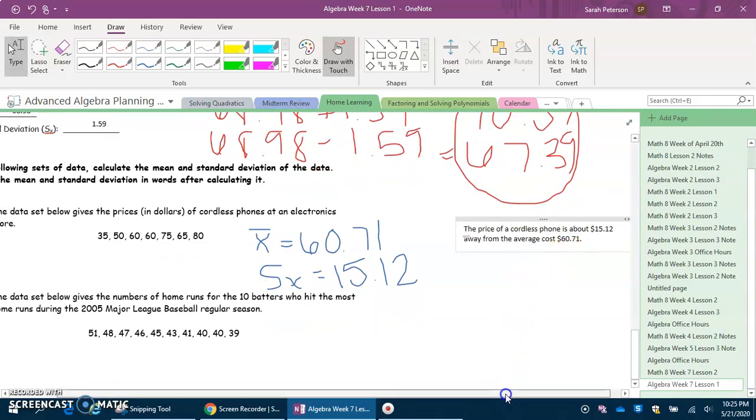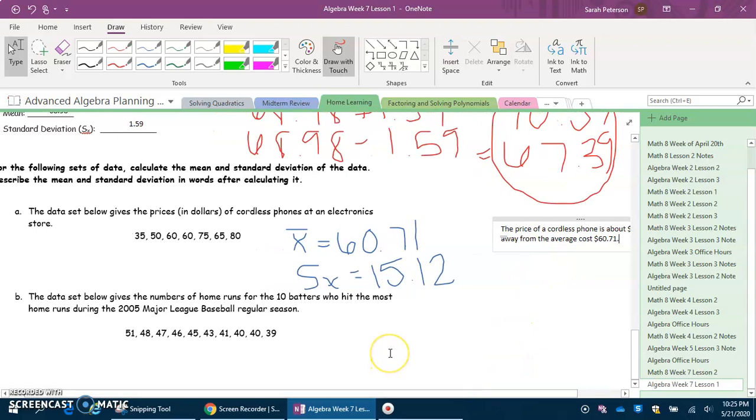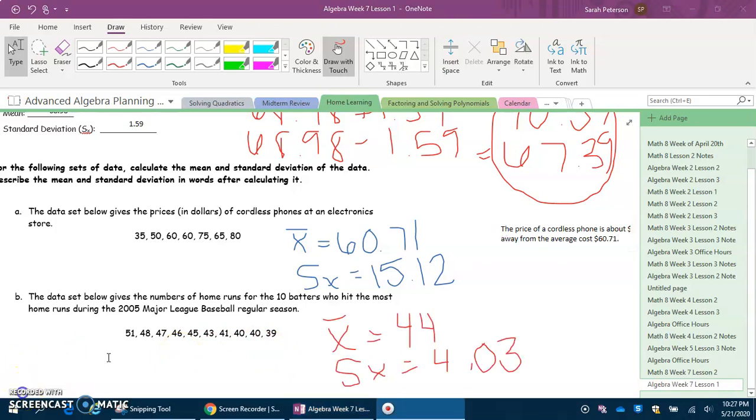I'm going to do one more example. It says the data set below gives the number of home runs for the 10 batters who hit the most home runs during the 2005 Major League Baseball regular season. Again, I'm just going to pause the video, type the data in my calculator, and look for the mean and the standard deviation. Okay, I got the mean, which was 44, and the standard deviation was 4.03.